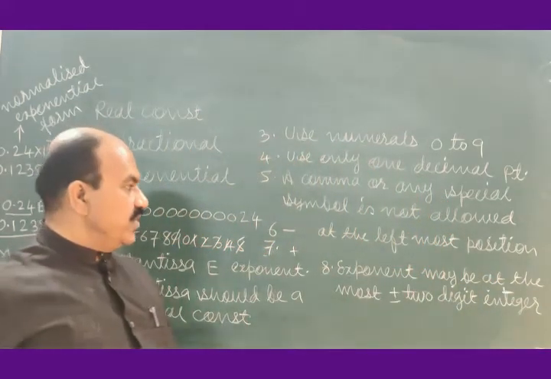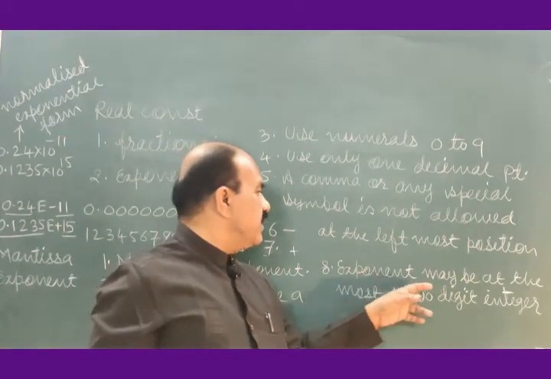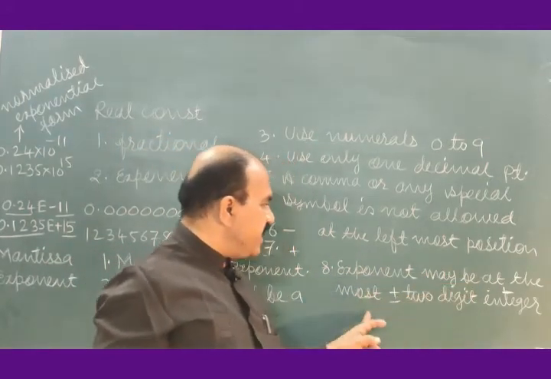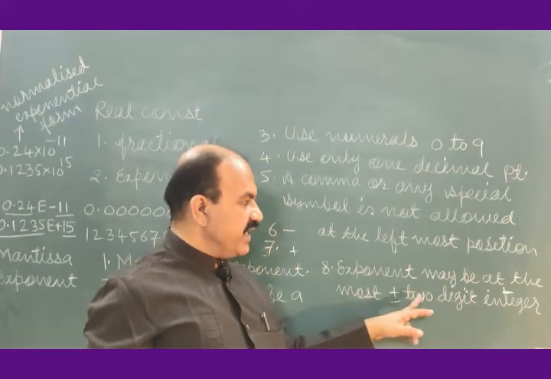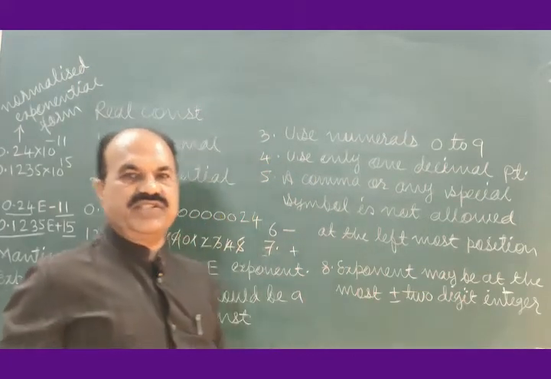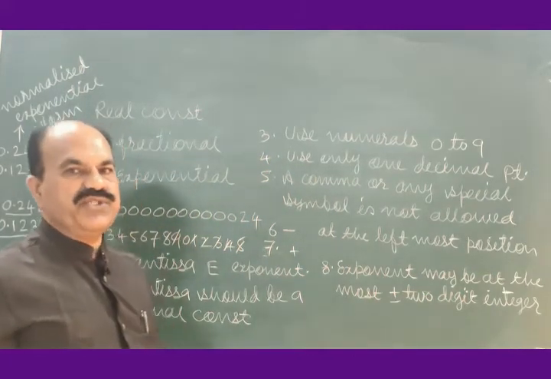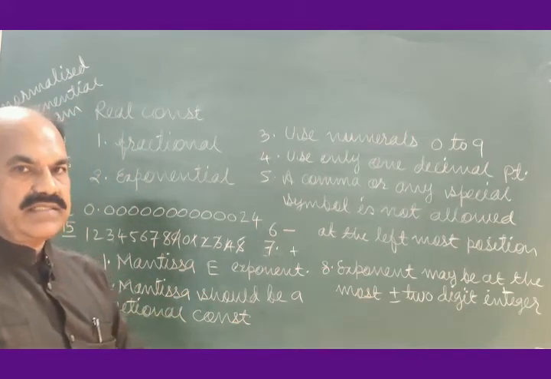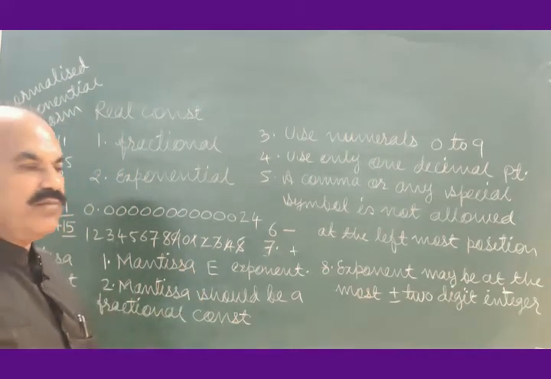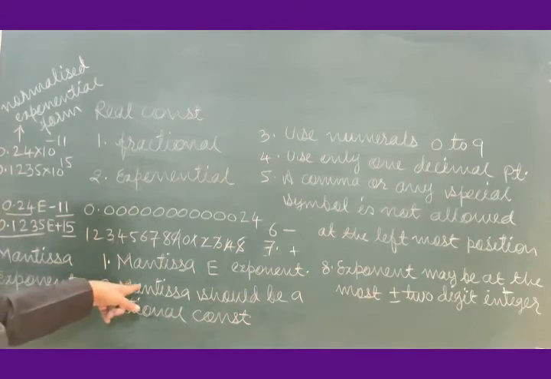What is the next rule? Exponent may be at the most plus or minus 2-digit integer. So whenever we are using real constants in exponential form, these rules are to be observed.